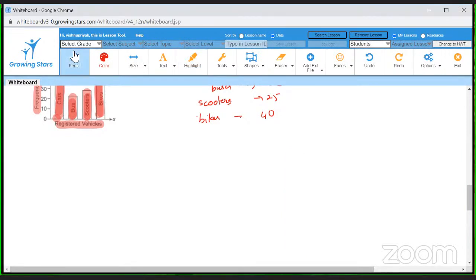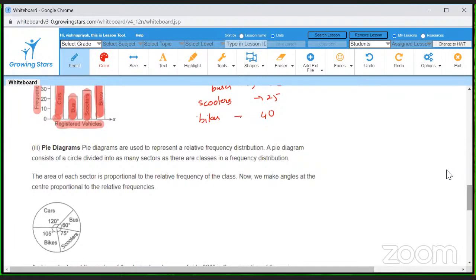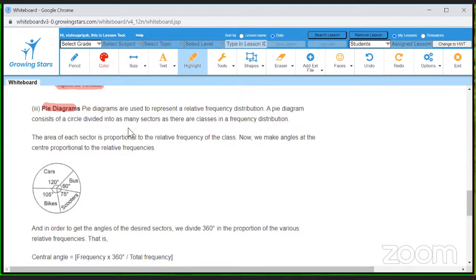The next one, pie diagrams. Pie diagram also will tell you about the frequency, but frequency is converted into angles. So the pie diagram will be having a circle in which you will construct angles.